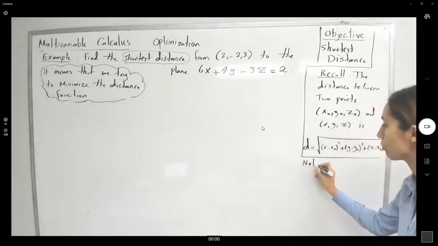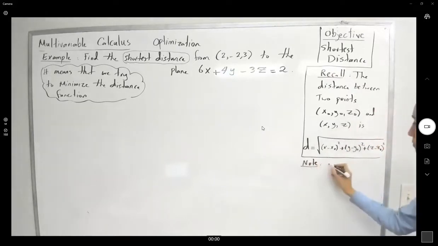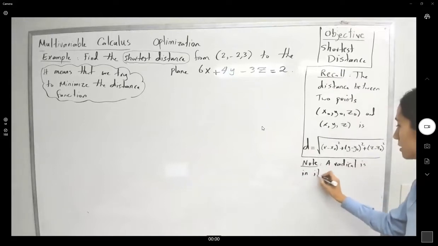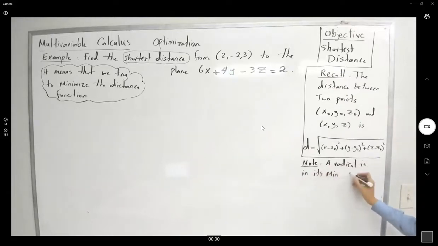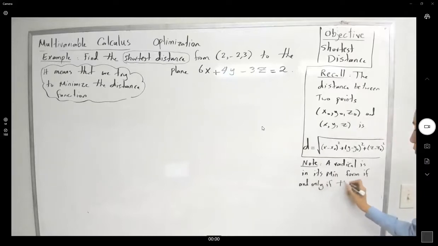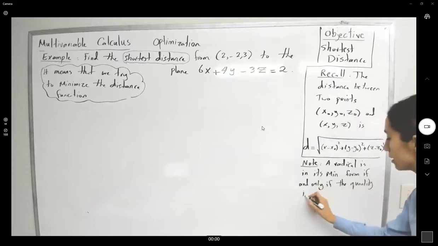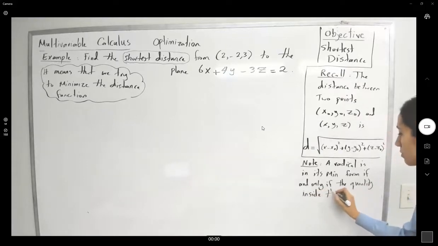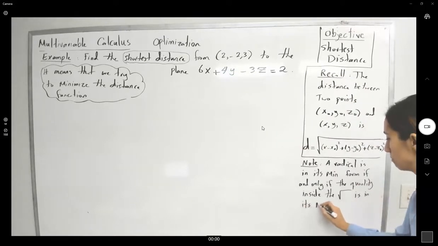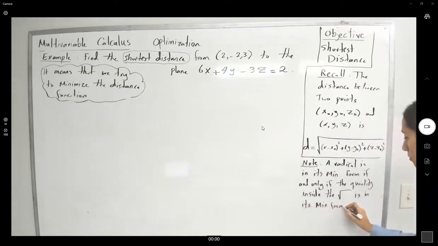Note that this is an important note. A radical is in its minimum form if and only if the quantity inside the radical is in its minimum form.